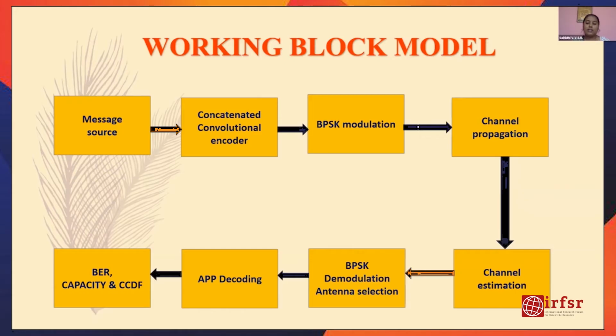As I already told you, we are using the turbo encoding system, which is a classification of the convolutional encoder. The convolutional encoder we are using here is the punctured convolutional encoder, otherwise called the concatenated convolutional encoder.